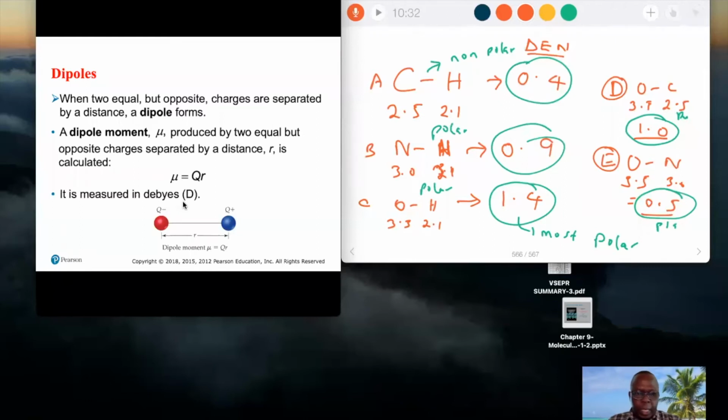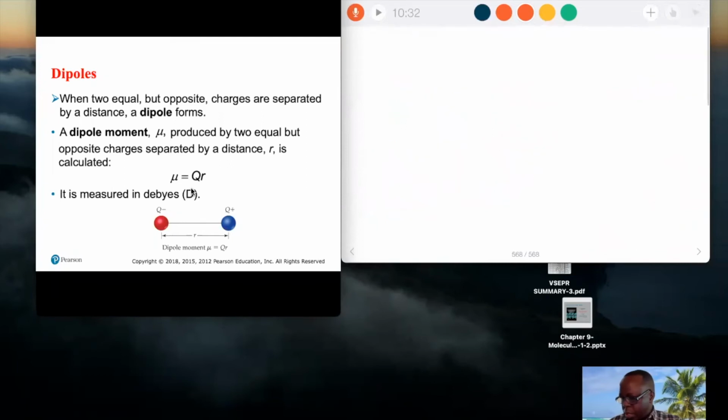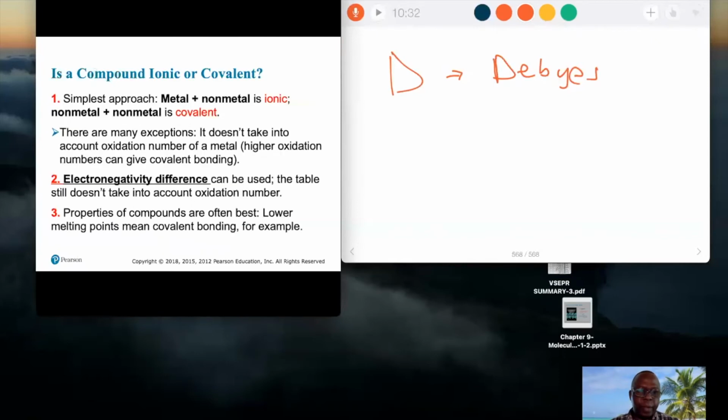It is measured in debye. We use the note D for debye. Unit for measuring dipole moment when an equal electron. This Q is the charge, which is 1.6 times 10 to negative 19.